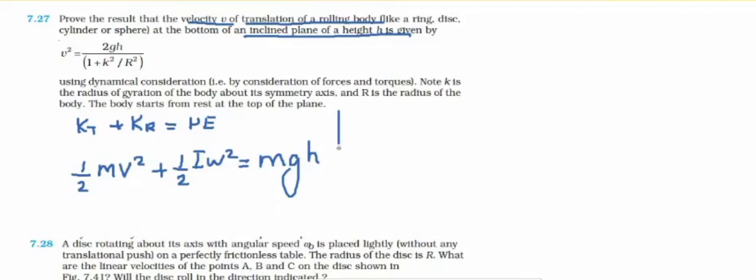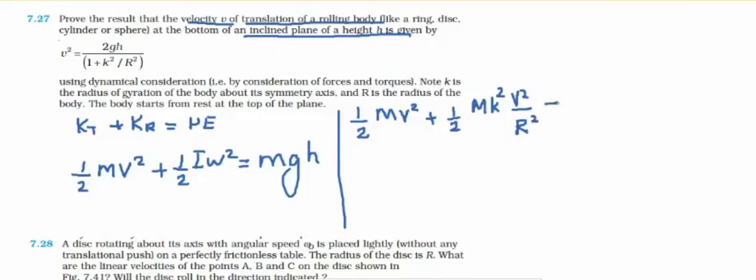Now rearrange the equation. Half mv square plus half I omega square. Moment of inertia generally we can take as mk square, where k is the radius of gyration, into v square by r square, is equal to mgh.